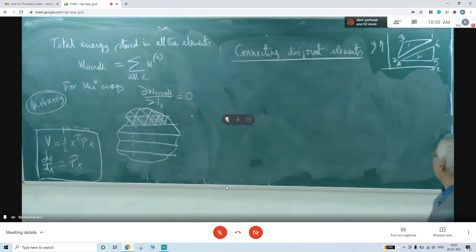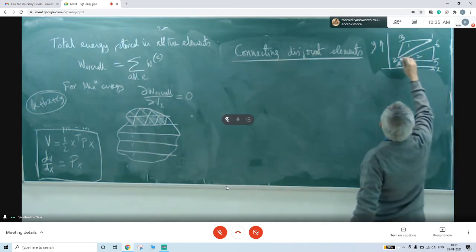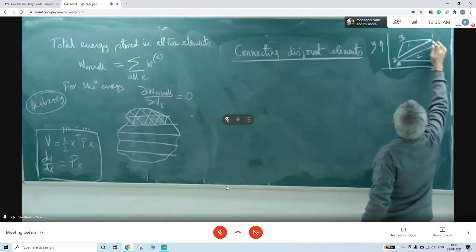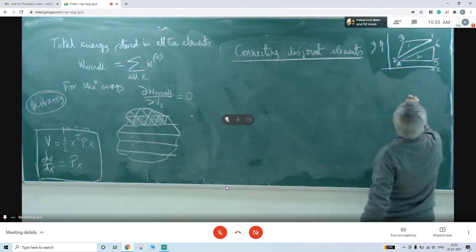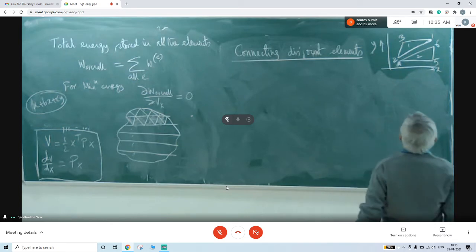That means basically you can say these two elements are connected. So potential at point 2 and potential at point 4 are the same. Similarly, potential at point 1 and potential at point 6, or rather this one, will be the same there.